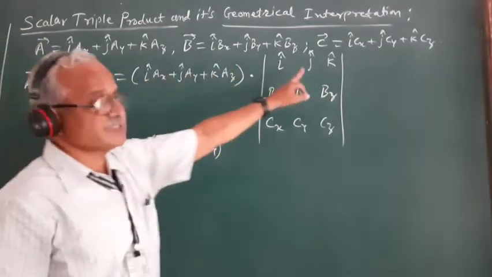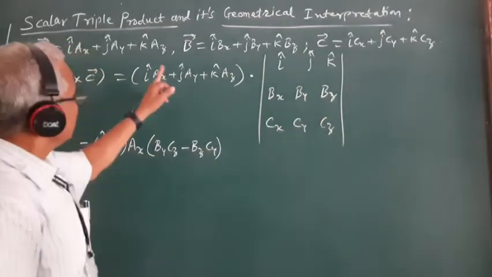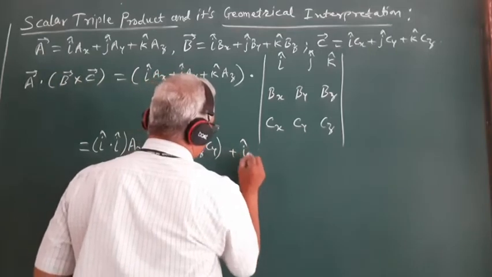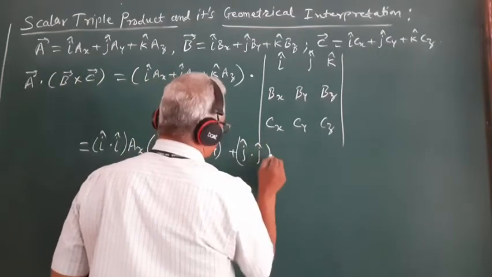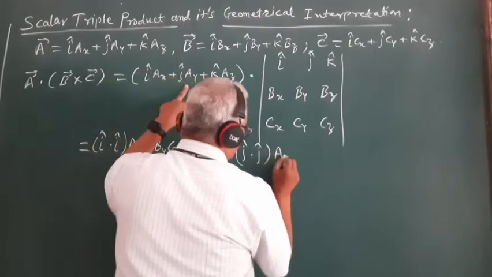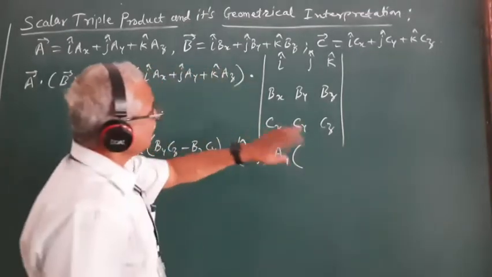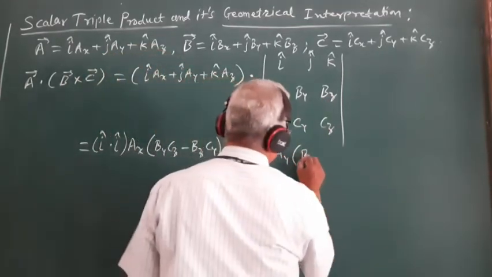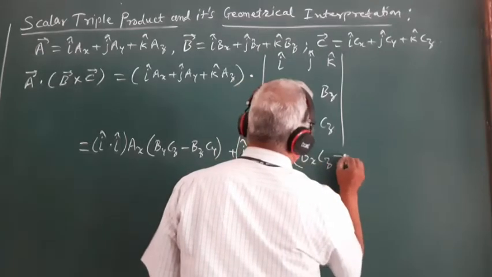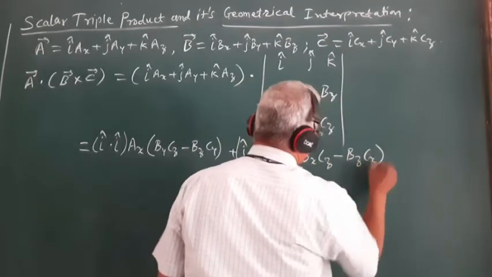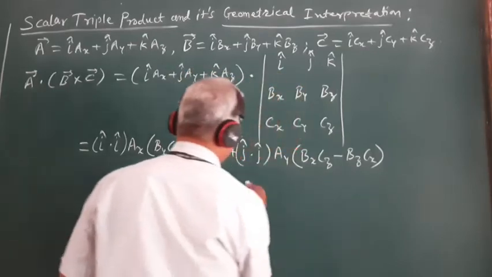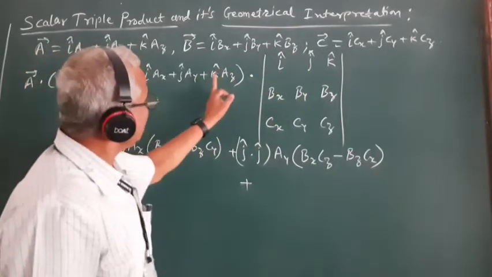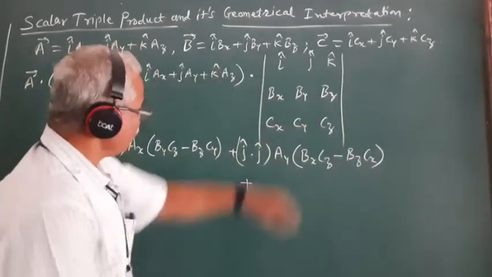Then i dot j and i dot k will be 0. j dot i will be again 0, plus j dot j into ay into bracket bxcz minus bzcx, plus j dot k will be 0, k dot i and k dot j will be 0, and k dot k will be 1.